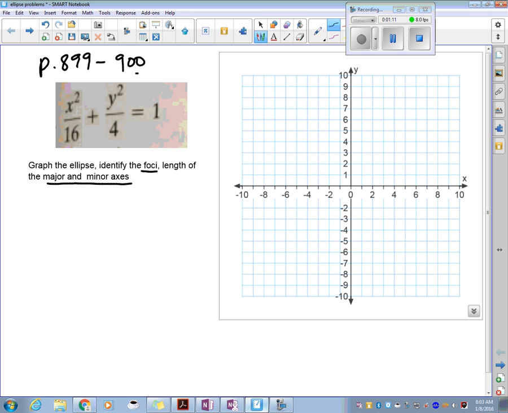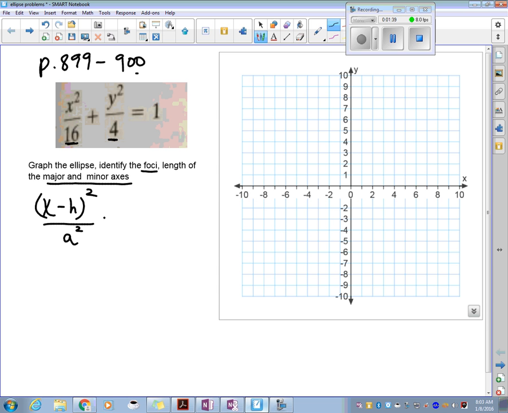So you see that the center of this one is at 0, 0 because the form is x minus h squared over a squared, and I know the a squared is under the x because 16 is bigger than 4.